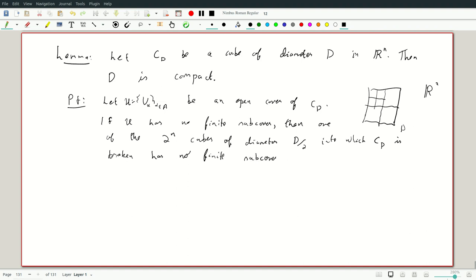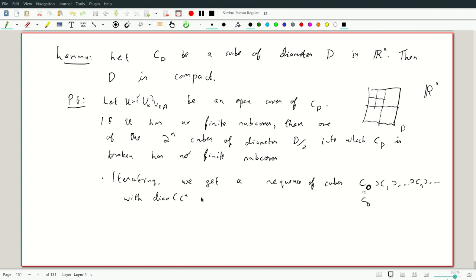Okay, so far so good. What do we do? We iterate. Iterating, we get a sequence of cubes C sub d, C0, let's say, which is C sub d, containing C1, containing this, containing Cm, etc., with diameter of Cm at the mth stage.